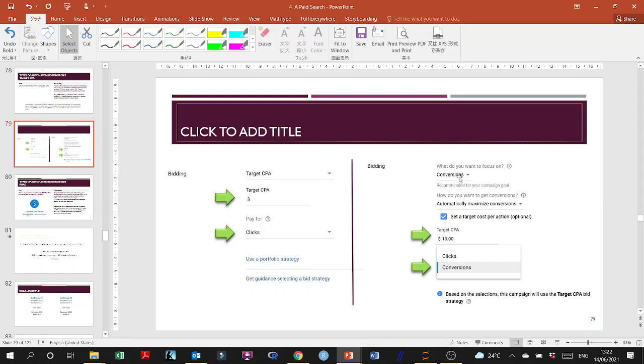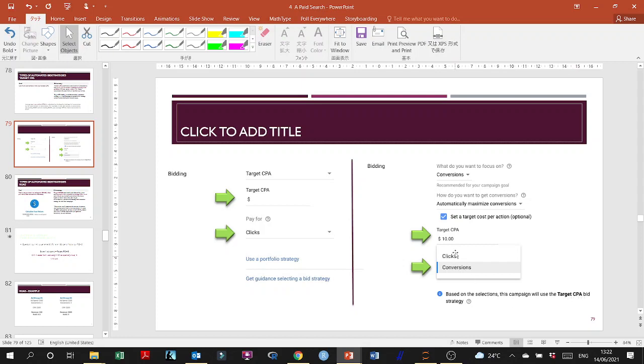Then you say automatically maximize conversions, set a target cost per action of $10, and say I want to pay for either clicks or conversions. Then it tells you that you are on the target CPA kind of bid.